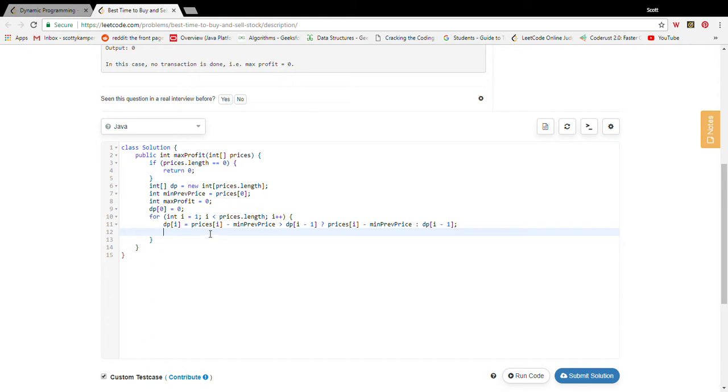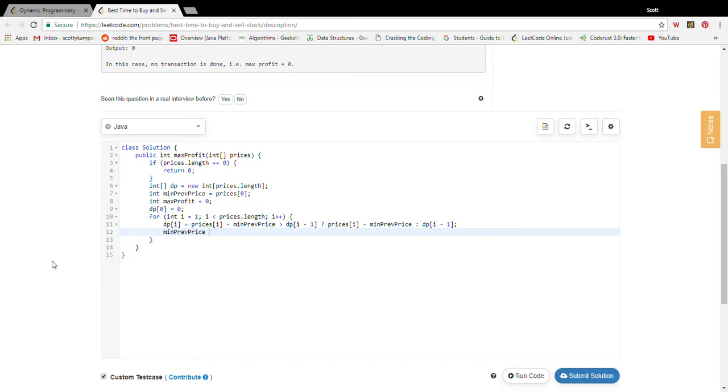If the price at day i minus the minimum previous stock price that we've seen through this day is greater than the max profit of the previous day, then the max profit at day i will be the price at day i minus the minimum previous price through day i. If it's not, then the max profit that we can earn is just the max profit from the previous day, dp of i minus 1. And then we just have to update our values.